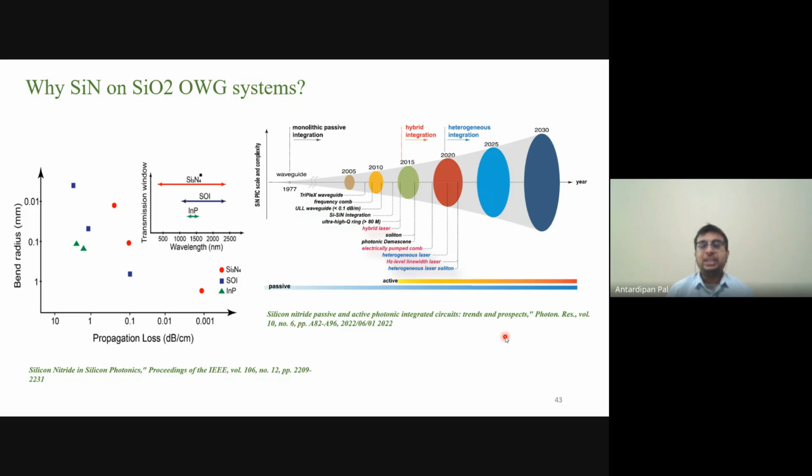Now, the reason is silicon nitride. If you can see from this plot, silicon nitride has a huge window of transmission for the visible spectrum, which means it transmits 300 nanometer wavelength as well as it transmits 1 micron wavelength.